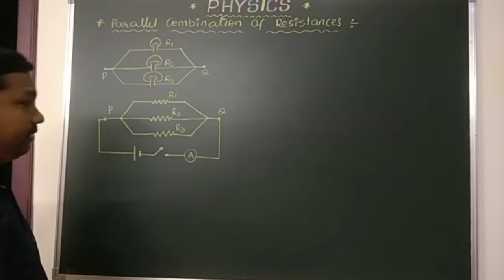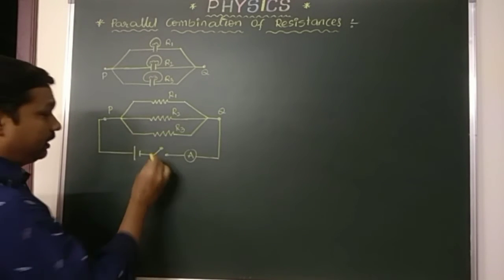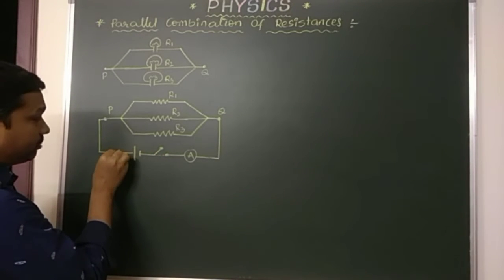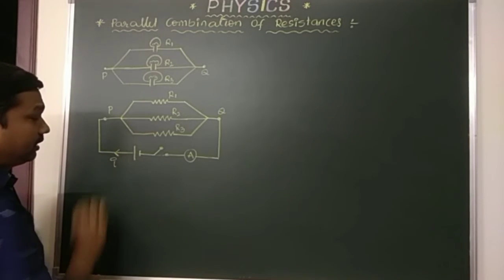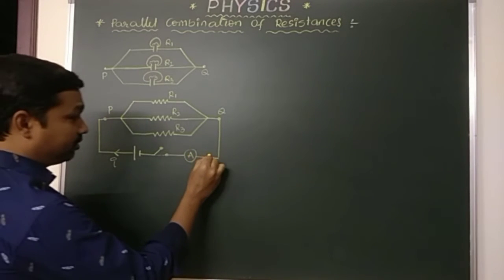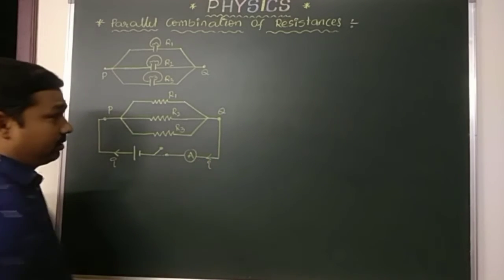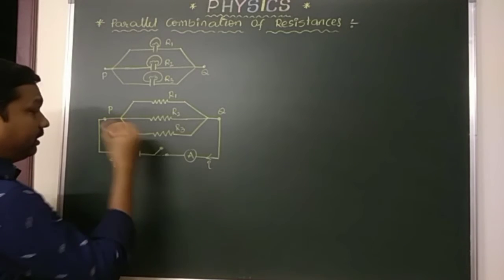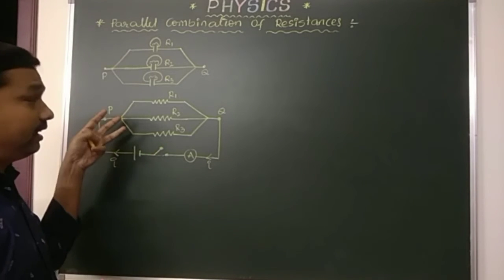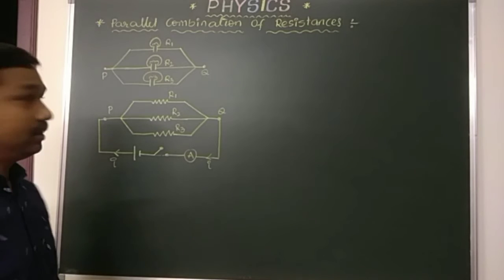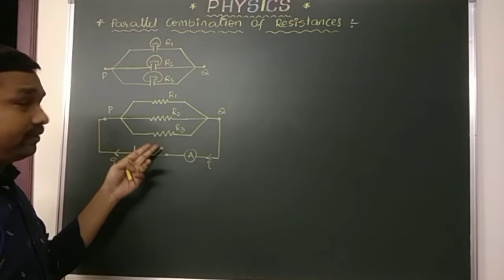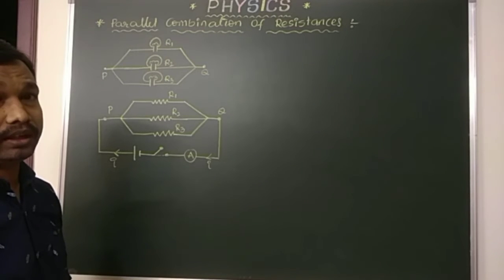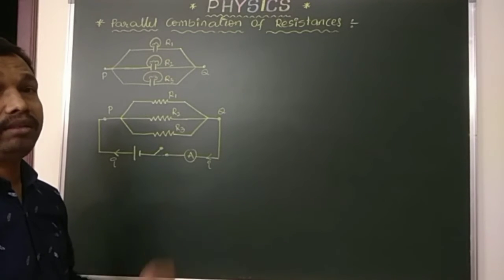If we consider this circuit and close it, an electric current starts passing. The amount of current coming is I, and the same amount will come back. If you observe carefully at point P, what happens to the current? There we have 3 different ways. Here it offers three different resistances. As the resistance is more, current will be less.